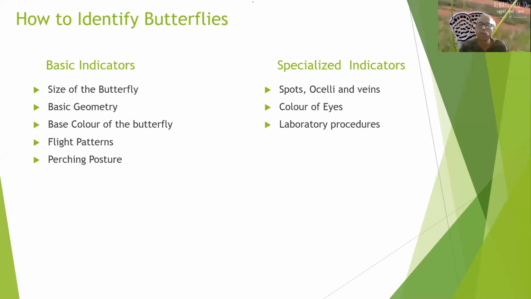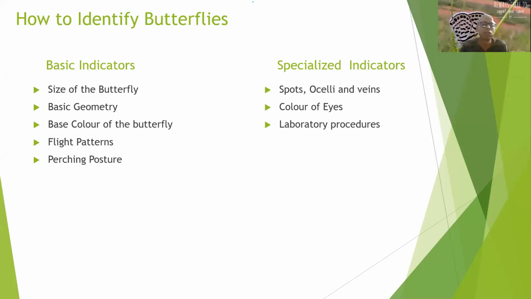These six-line blues sometimes are so confusing that we need to dissect them and have a specimen in hand to check them. Even the Curetis, the sunbeams, are also confusing, and so are the Spindasis, the silver lines.